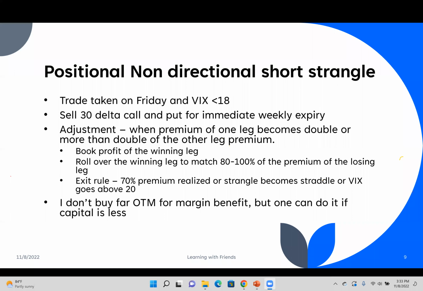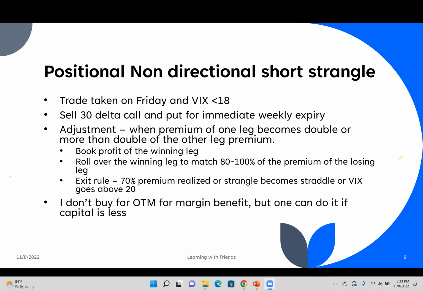So if the VIX is manageable, like 16 to 18 kind of range, and you are bullish, you can even go and sell a naked put, or you can create a put spread to be on a safer side. Okay. And if it is bearish, then you do the same thing with the call.